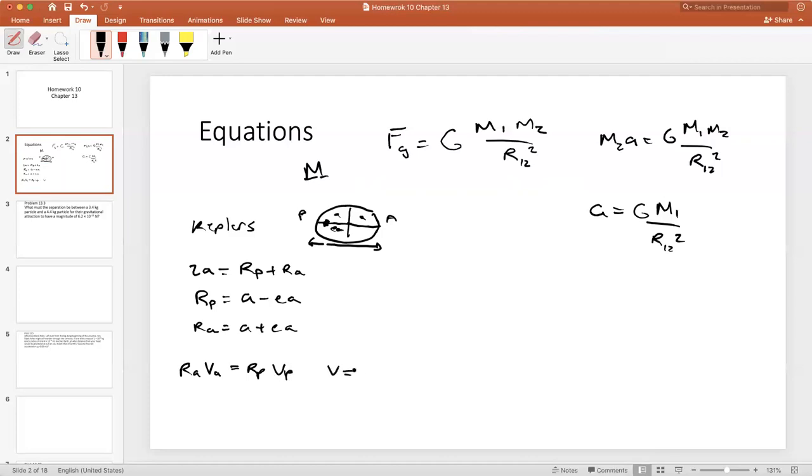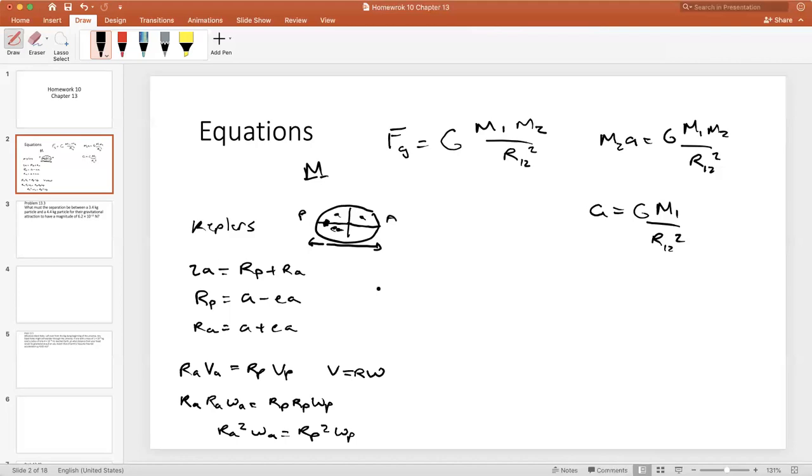If we assume that V is R omega, then we get that RA times omega at A, the angular velocity at A, is equal to RP times the angular velocity at P, or RA squared times omega A is equal to RP squared times omega P.